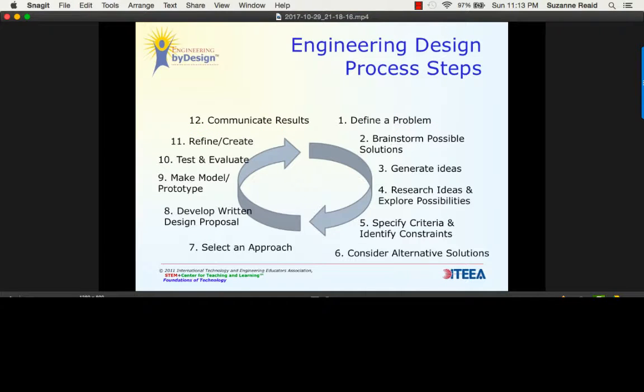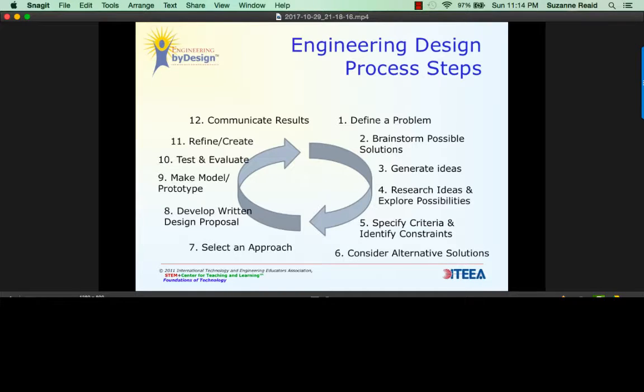So here are the steps of the engineering design process. You define the problem, you brainstorm for possible solutions, you generate ideas, research the ideas, specify your criteria, and identify your constraints.